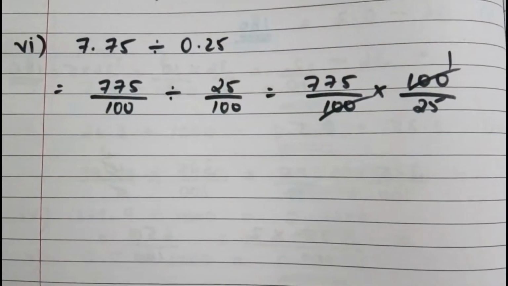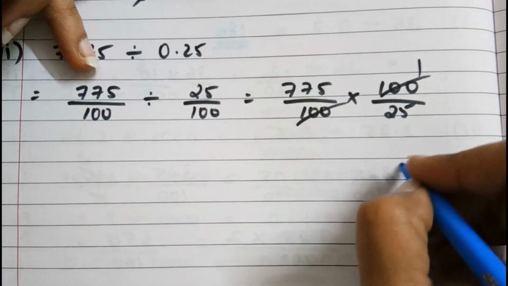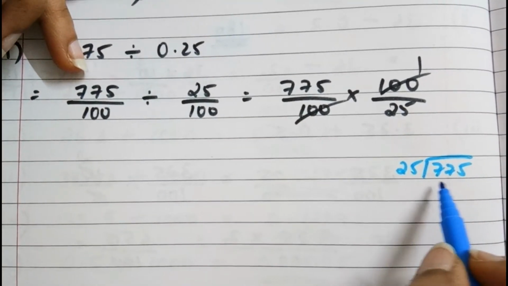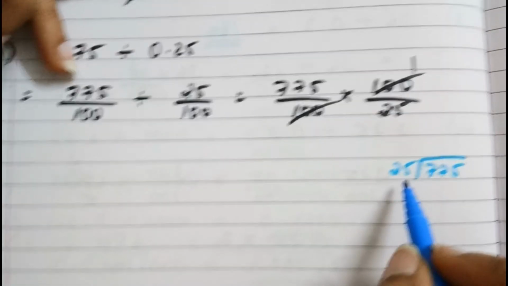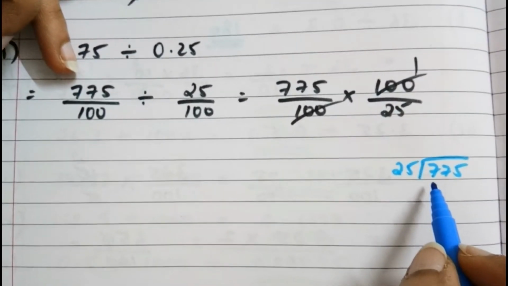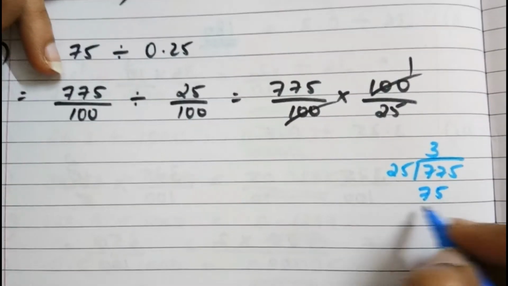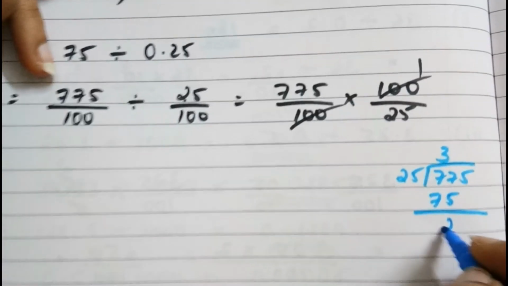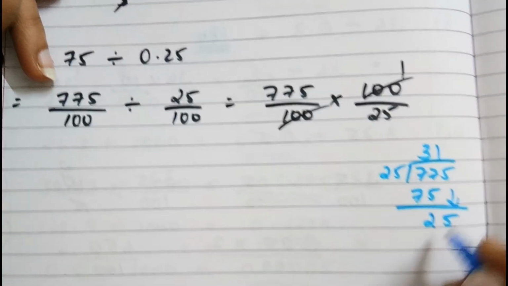Let's divide. 775 divided by 25. Okay, now 25 into 2 is 50, 25 into 3 is 75. So here it will go 3 times, 75. 7 minus 5 is 2. Bring down this 5. 25 will go in 25 how many times? 1 time.